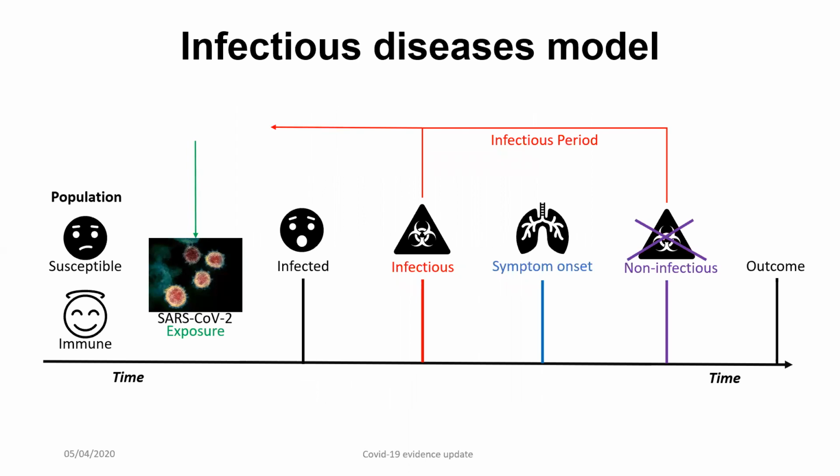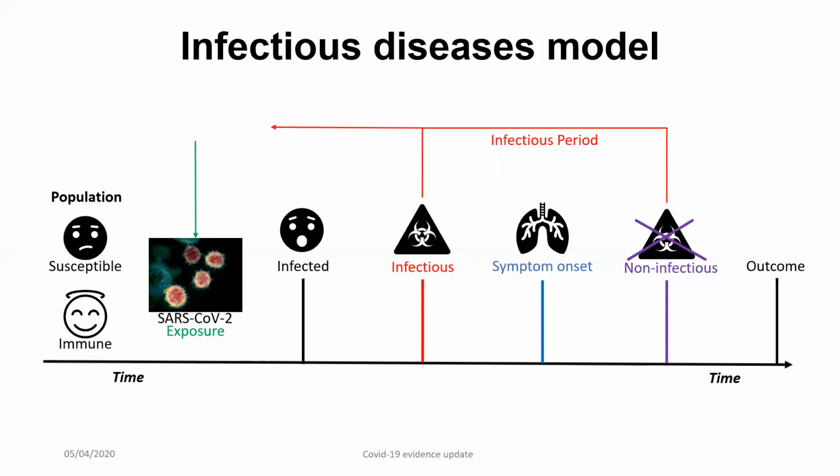This is a basic model of the cycle of an infectious disease that results in spread within a population. Starting from the left of the screen, the diagram shows that within the population, there are people who are susceptible to the infection and those who are immune, either through previous exposure or through immunization. When a susceptible individual is exposed to an infectious microbe, they have a risk of becoming infected.